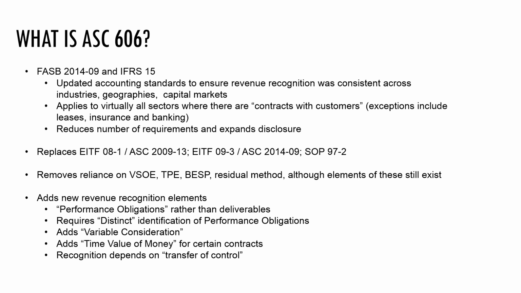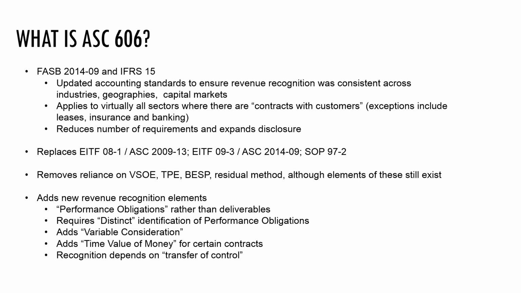It doesn't matter whether you're in different industries, capital markets, unless you're in the leasing industry, which has its own set of standards. ASC 842 is a new one that's coming out, replacing 840. Insurance or banking. If you have a contract with a customer, ASC 606 will most likely apply to your business.